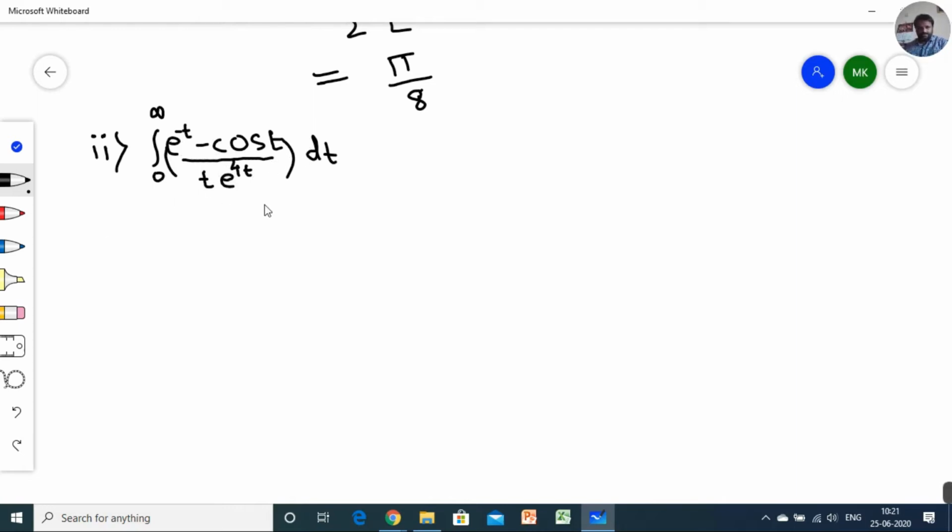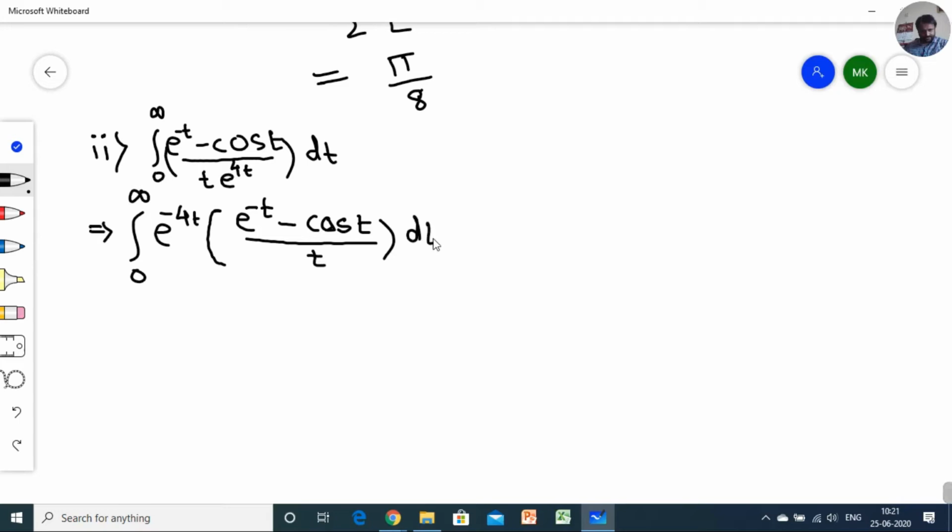So we have to use the concept here. I'm taking this part in front, so I will get integral 0 to infinity e raised to minus 4t, that is e raised to minus t minus cos of t upon t as it is, into dt.